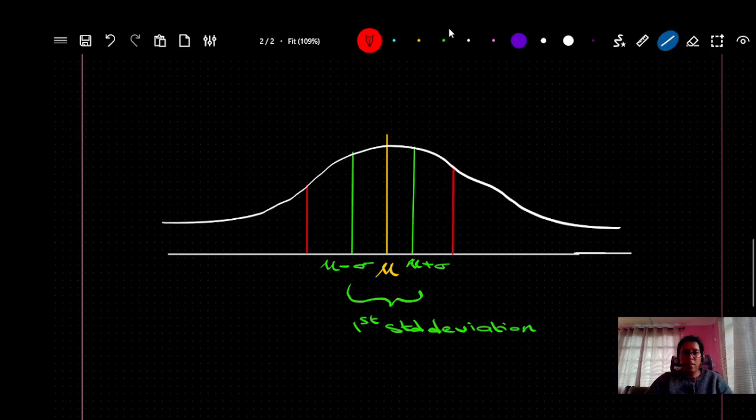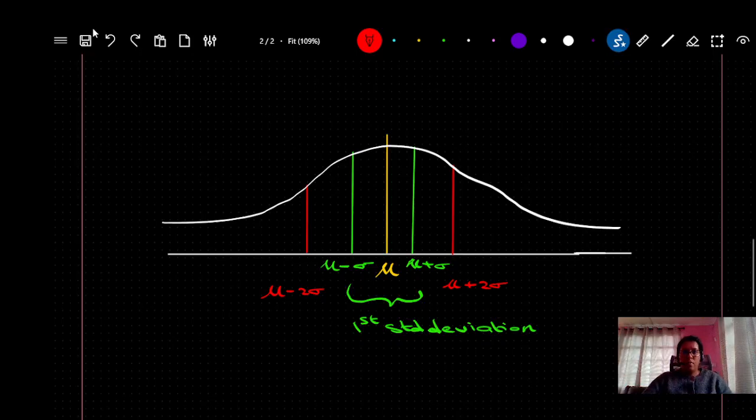So here we can say mu plus 2 sigma. Here it is mu minus 2 sigma because it is to the left.